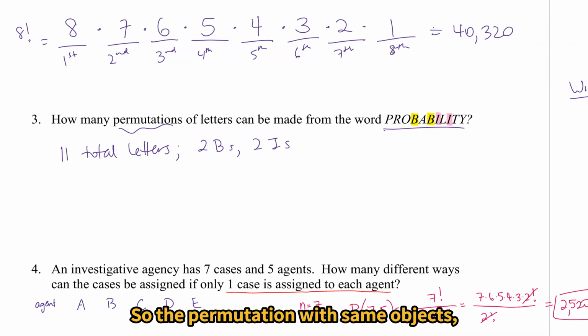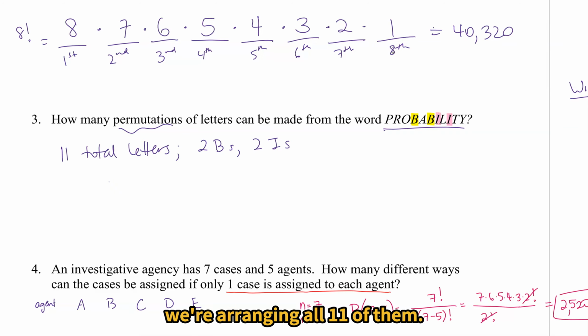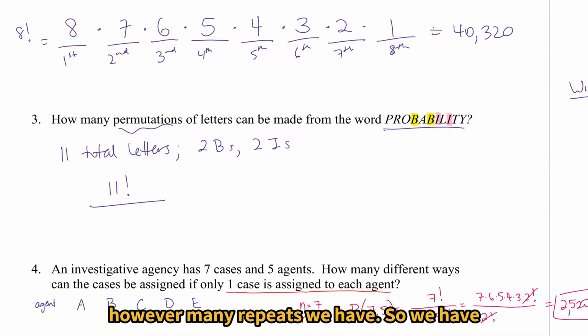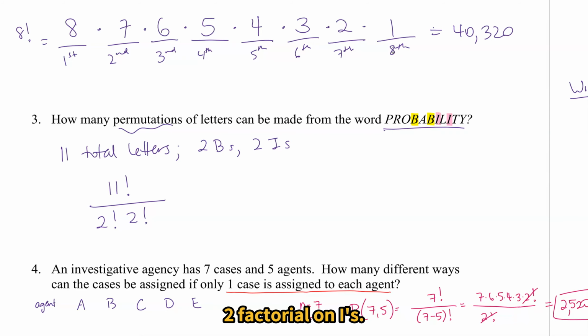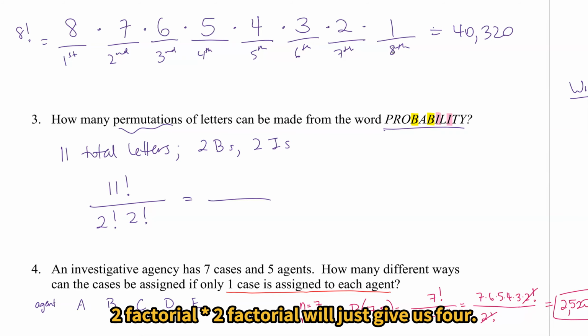So the permutation with same objects, we're arranging all 11 of them, but we're going to divide out however many repeats we have. So we have 2 B's, so 2 factorial on the B's, 2 factorial on the I's. And if we multiply this out, 2 factorial times 2 factorial will just give us 4.